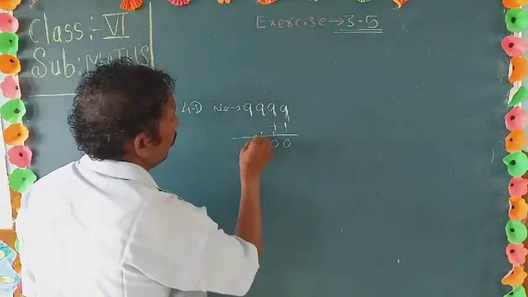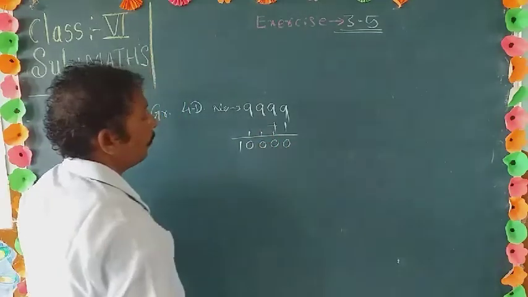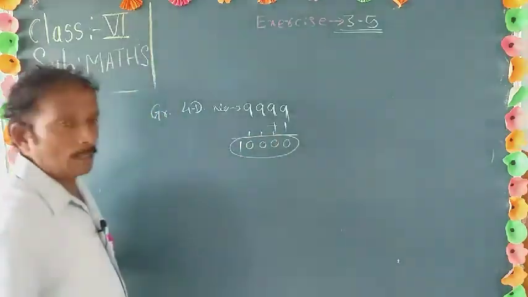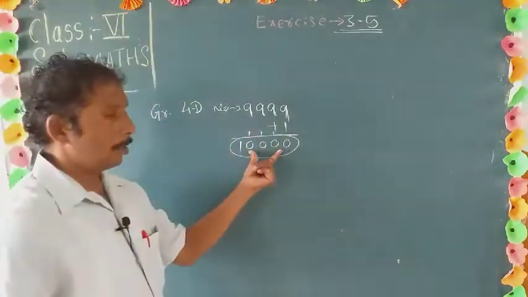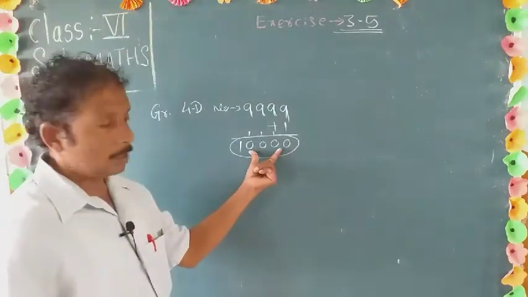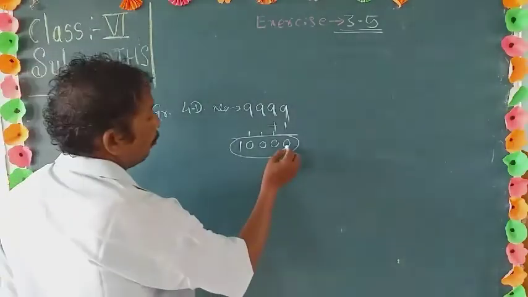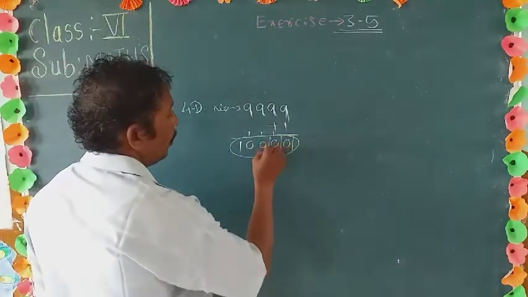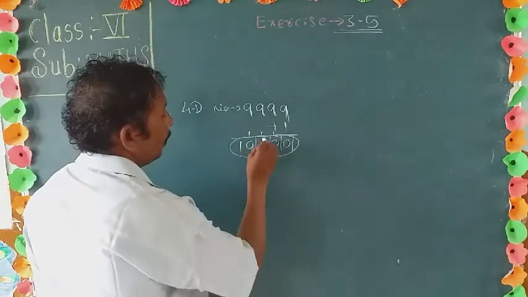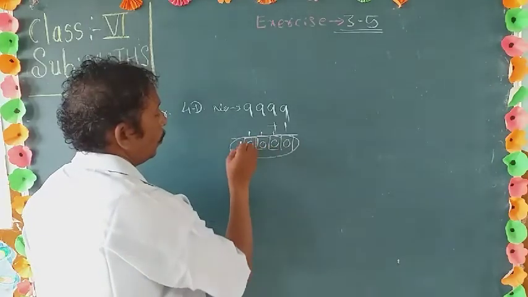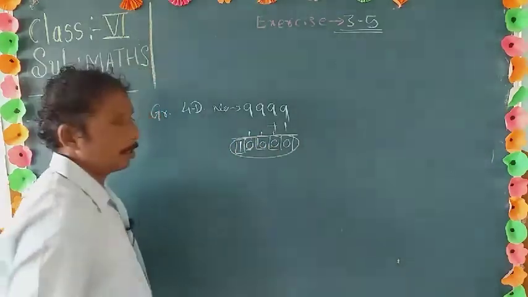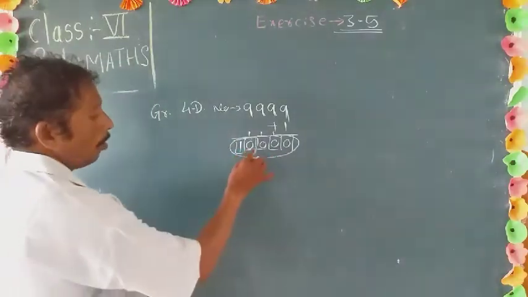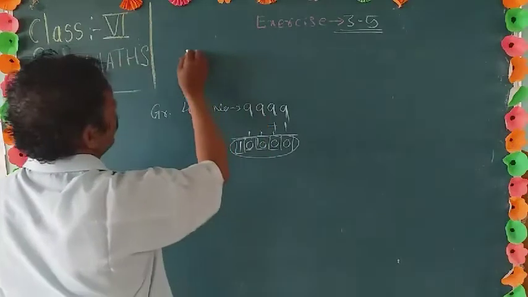The next number is 10,000. This number is the smallest 5-digit number because there are 5 digits, 5 places: ones, tens, hundreds, thousands, and ten thousands. So the smallest 5-digit number is 10,000.